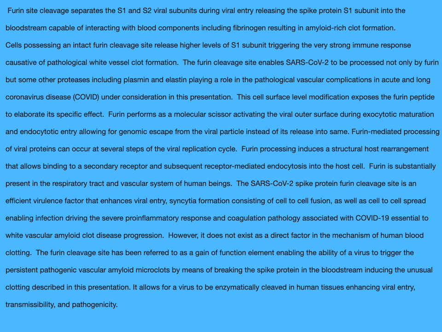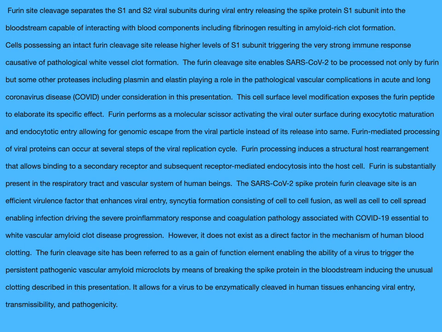The furin cleavage site enables SARS-CoV-2 to be processed not only by furin, but some other proteases, including plasmin and elastin, playing a role in the pathological vascular complications in acute and long coronavirus disease under consideration in this presentation.